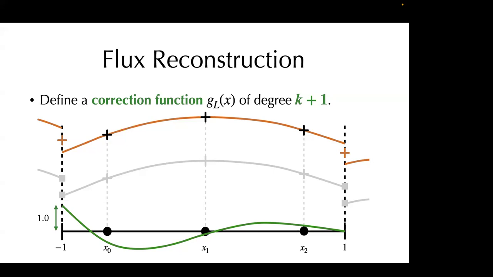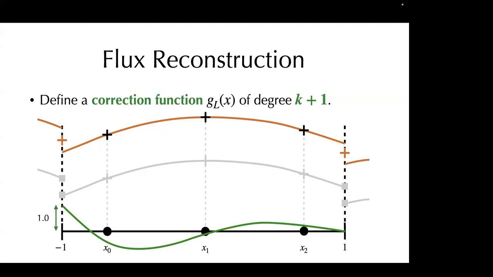And when evaluated at x is equal to 1, it gives us a value of 0. The remaining parameters of this polynomial are, to an extent, free, and we'll talk about how we can fix them later on. But for the moment, the two defining properties are its value at x is equal to -1 and its value at x is equal to 1, and it's shown in green on the slide.